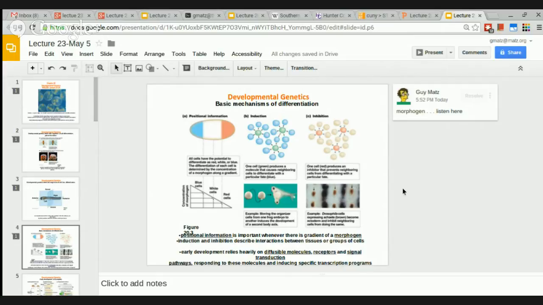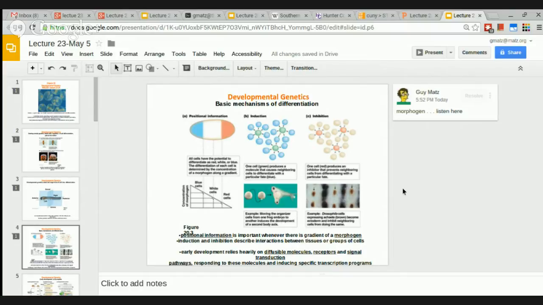Then there's another group of interactions, called induction, when a single cell produces molecules to which neighboring cells respond, and they differentiate into a specific structure. The third set of interactions is called inhibition. It's the reverse side of the story.